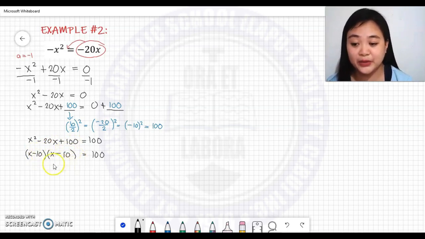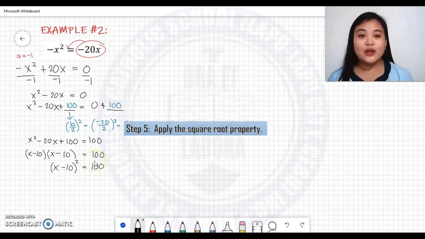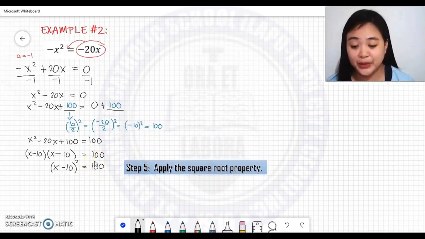And now we will simplify further. We will transform it into the expression x minus 10 squared. Squared because there are two factors of x minus 10. Simple as that. Equals 100. Now we're going to apply the extracting square root property.